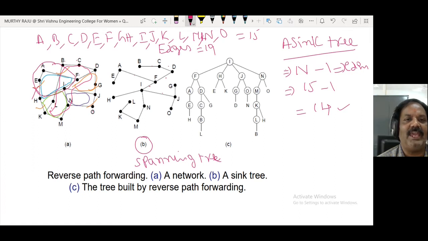Therefore, the graph consists of E, A, F, I, and H. Remove this link.